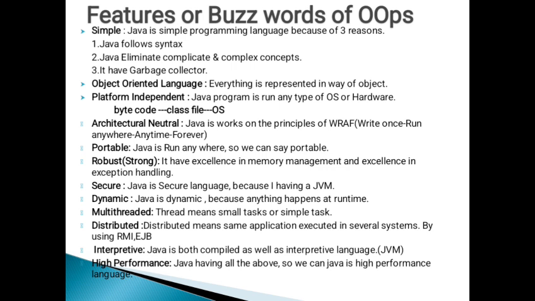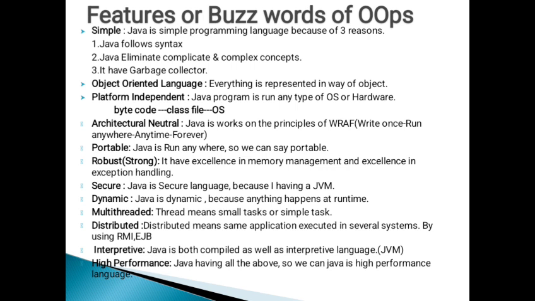Multi-threaded. Java is a multi-threaded programming language. That means a program is divided into several small tasks, where each task is nothing but a thread. Java is multi-threaded, so Java executes multiple threads simultaneously.